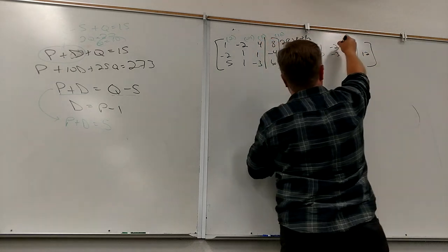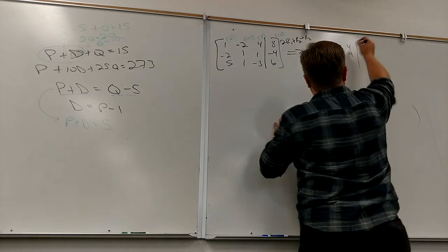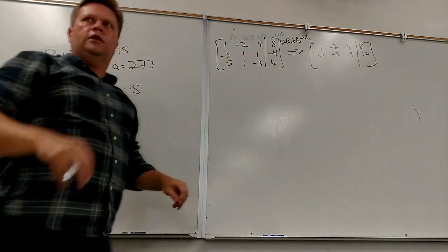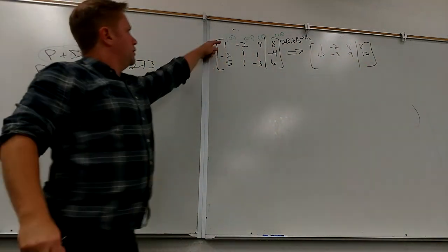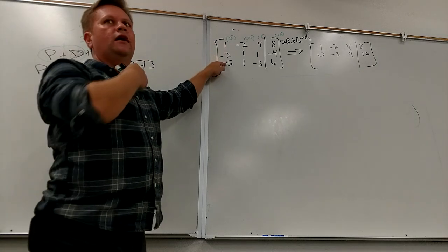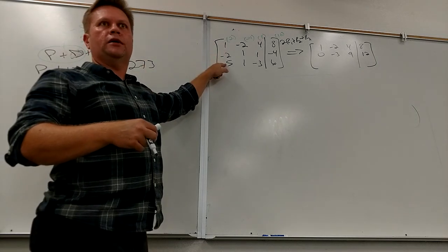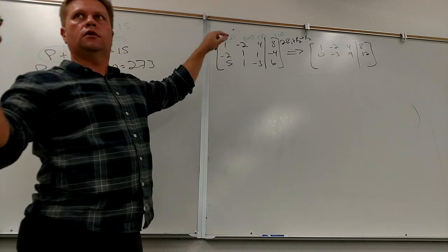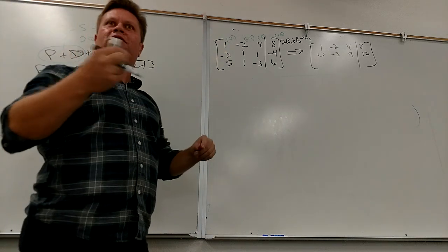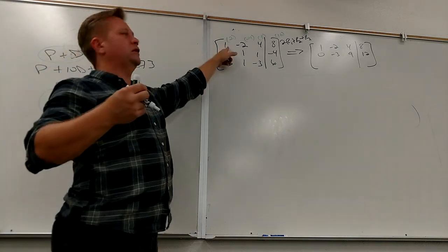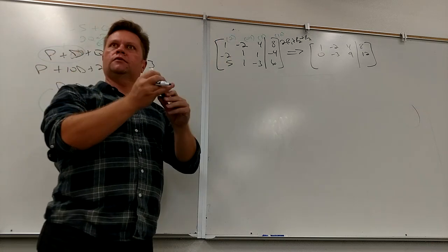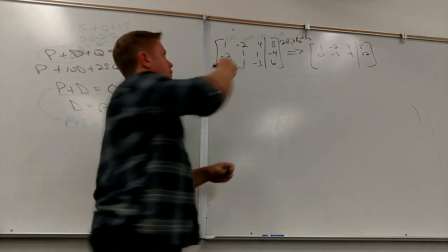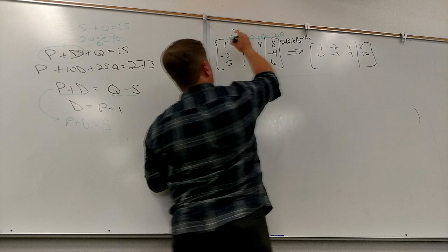Oh, I could have divided right there, but I didn't. And then what else can I do? I can use that 1 to kill that 5. How do I kill the 5? I multiply the first row by negative 5.